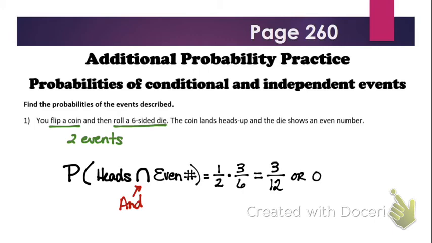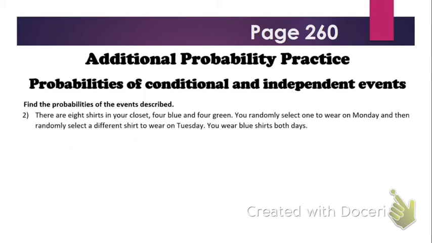Or if you popped that into your calculator, you can give me the decimal. That's a 25% chance. Okay. Number 2. Go ahead and read this, and then I want to know how many events we're actually talking about here.